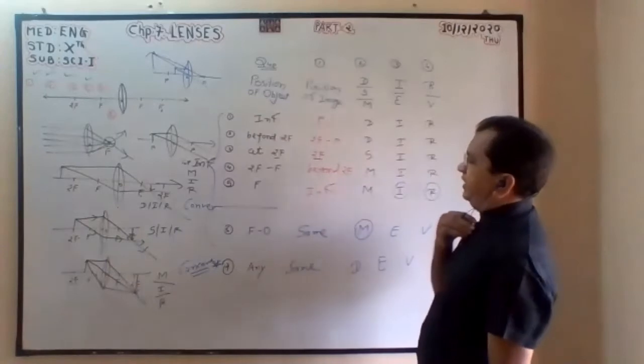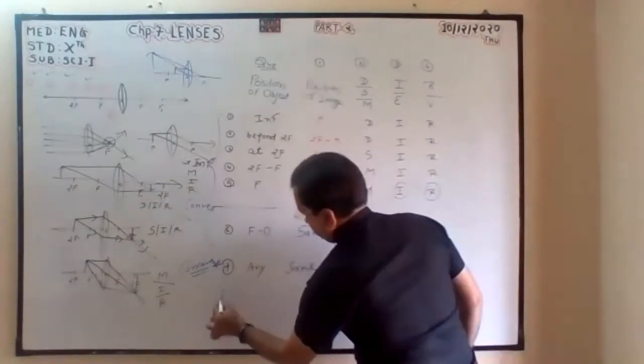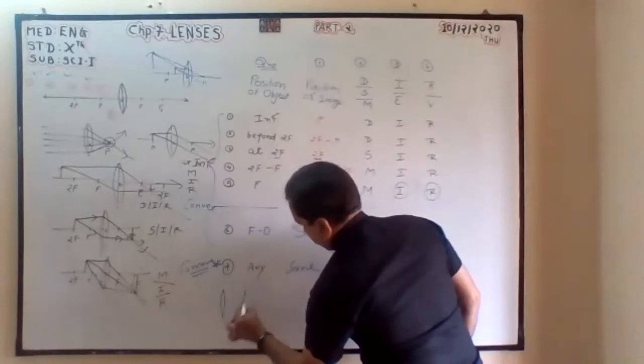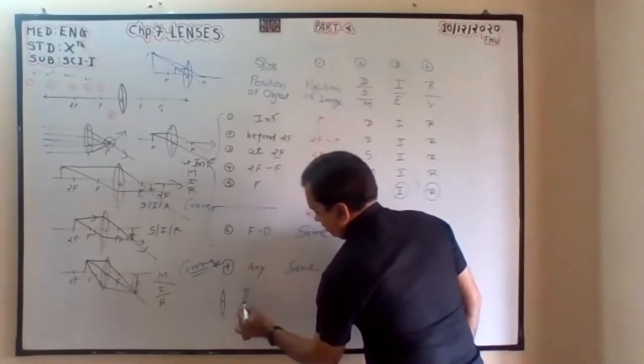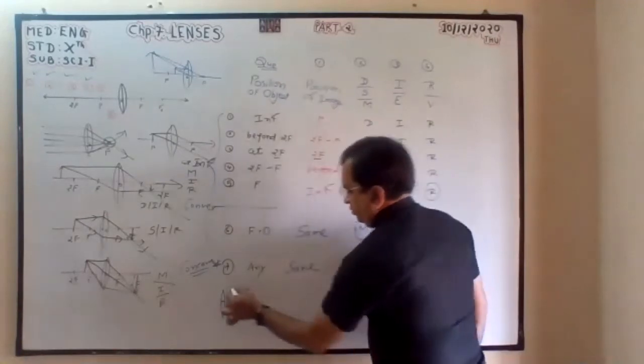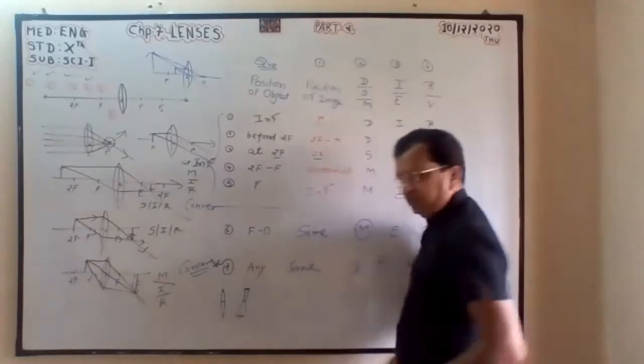Now, suppose you have to write, distinguish between the convex lens and concave lens. Convex, concave. First, the middle is thicker, the middle is thinner. From the edge it is thin, from the edge it is thick.